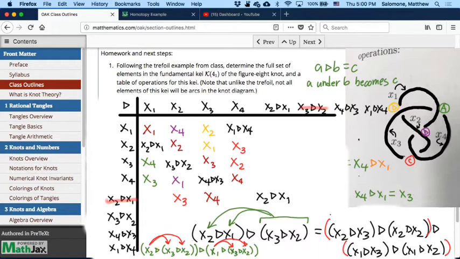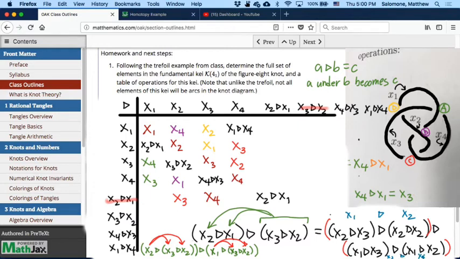And each one of these four things has a way to simplify it from our operation table. x2 triangle x3 is x1. x2 triangle x2 is x2. x1 triangle x3 is x2. x1 triangle x2 is x4.